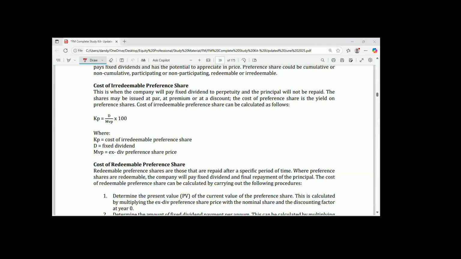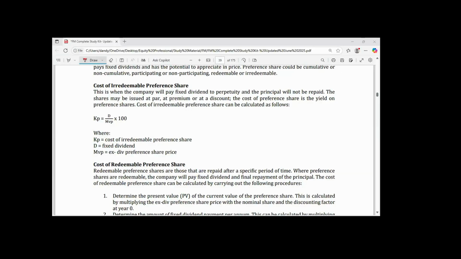When you talk about cumulative preference share, it is the one in which the preference dividend could be cumulative of other years. Preference dividend will be paid from the profit earned by a company at a particular period.